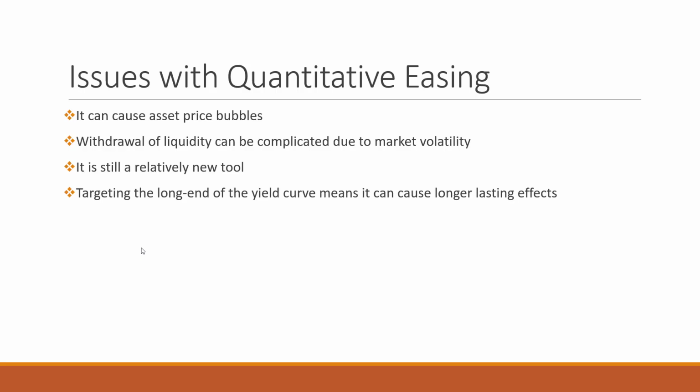And one of the other issues with this, because they've got to be so careful with how they withdraw the liquidity and how quickly they do it, is whilst they are withdrawing the liquidity, what if you have another economic downturn 3 or 4 years down the line? Then before you've even withdrawn all of that liquidity, you might find yourself in a position where you've got to do some more QE and increase the liquidity further.